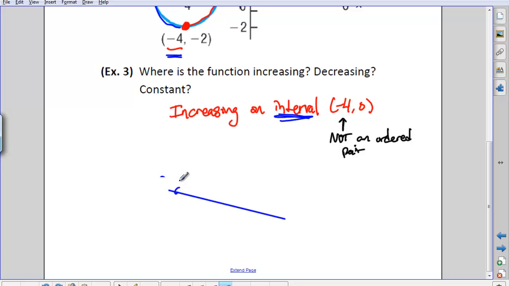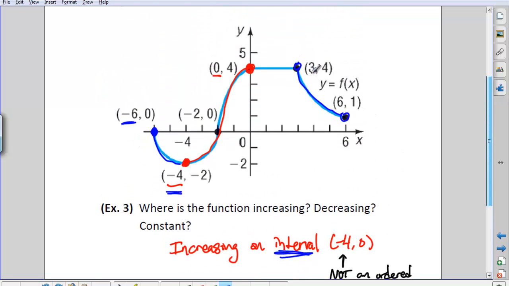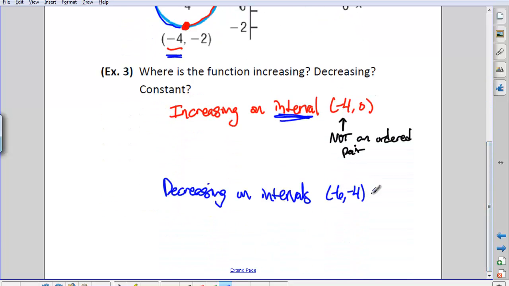So decreasing on the intervals -6 to -4, and then also from 3 to 6, those x values. So we're going to join those 2 together. So we're using that union, that big U notation. Again, these are not ordered pairs. These are intervals. Can't stress that enough.